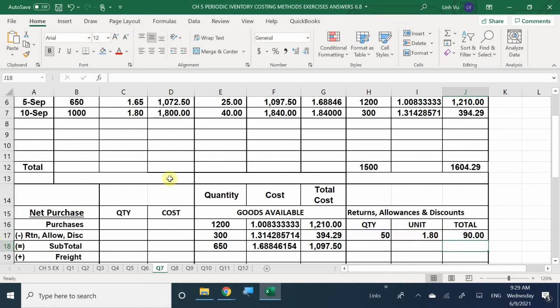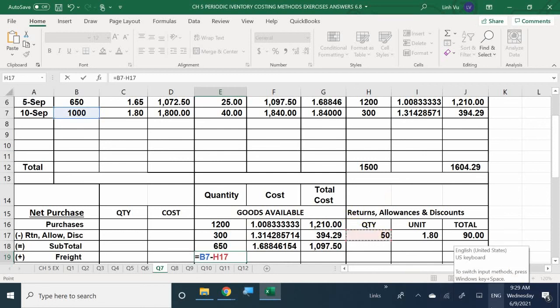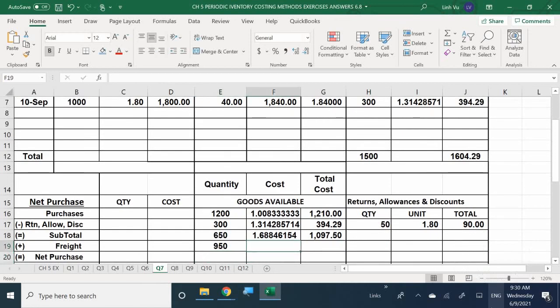So when I transfer this amount into my goods available, I know for a fact that I don't have a total of 1,000 anymore, because we returned 50 of them. So I should have a total of 950. And of course, I didn't pay the full $1,840 because I got a refund of $90. So what's my new total cost? $1,750.